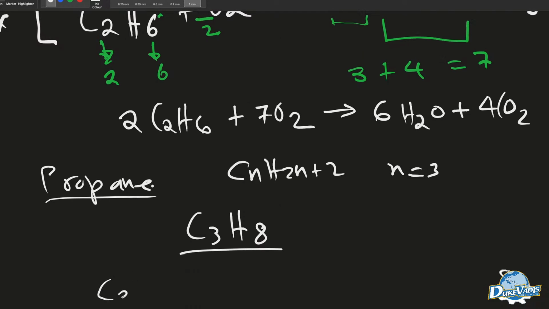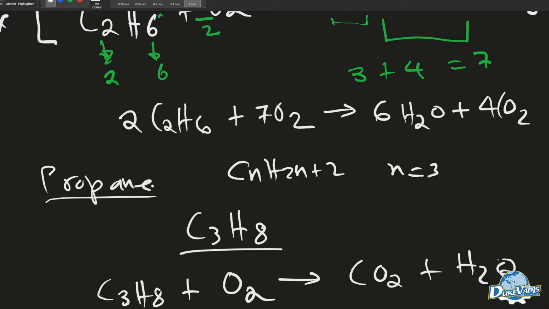So C3H8 plus oxygen should give us CO2 plus water. Now we have to balance it to get a complete reaction. How do we balance it?